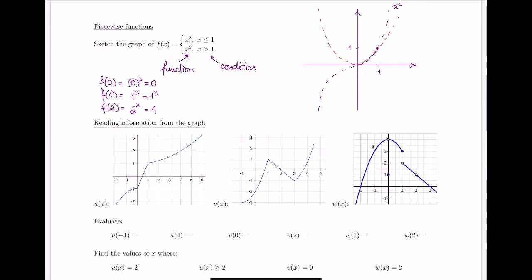Now the overall function says that I'm going to take the cubic part when x is less than or equal to 1. So my cubic portion is taken when x is less than or equal to 1, and this quadratic portion is taken after 1, when x is greater than 1. So after that, I'm going to switch to the quadratic portion here.